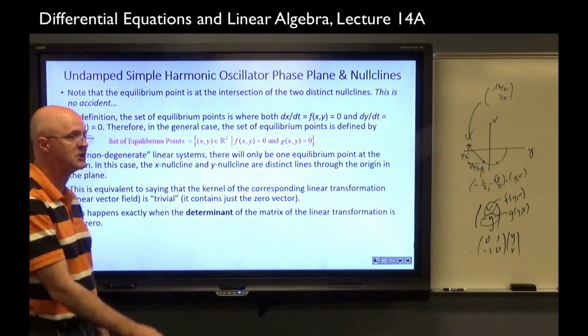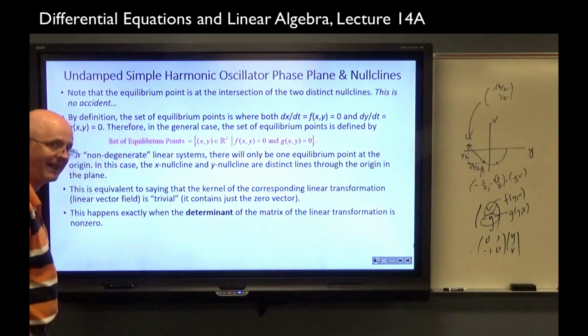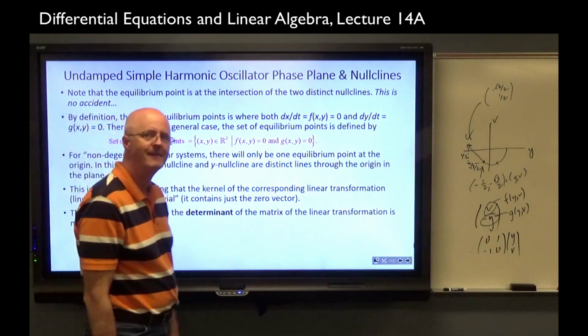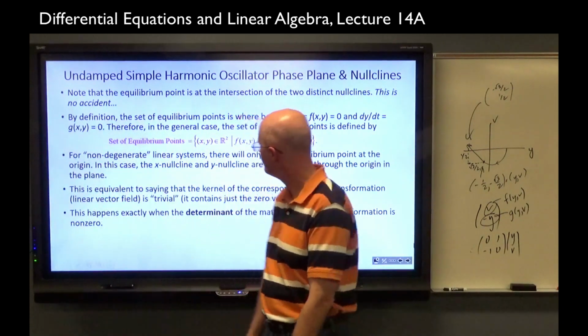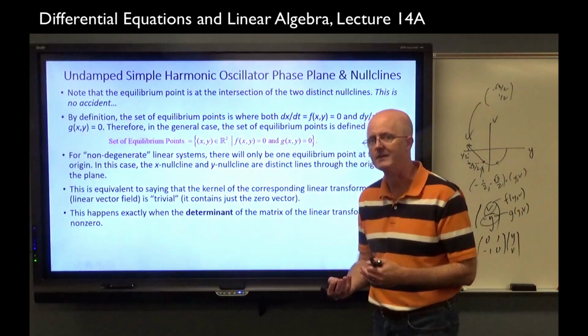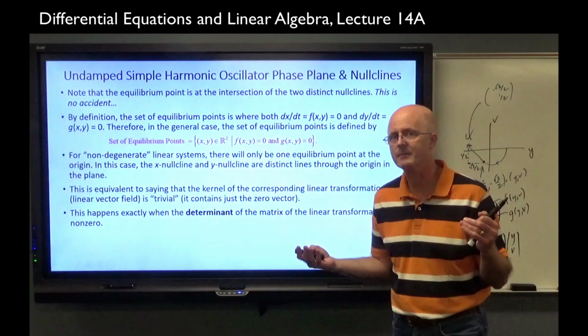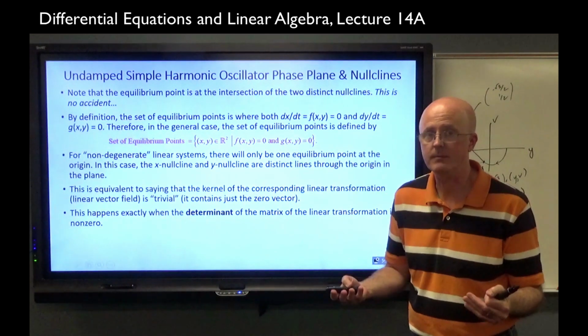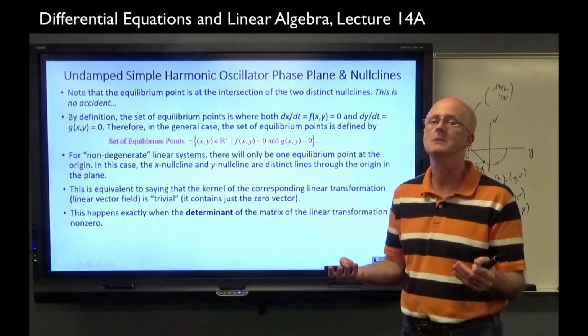And a connection to lecture 13b and 14b to come here: this happens exactly when the determinant of the matrix of the linear transformation is non-zero. We're talking about a 2 by 2 situation here, because we are talking about a phase plane. We could generalize this to higher dimensions, say 3-dimensional phase space, and then the matrix A would be 3 by 3 instead of 2 by 2.